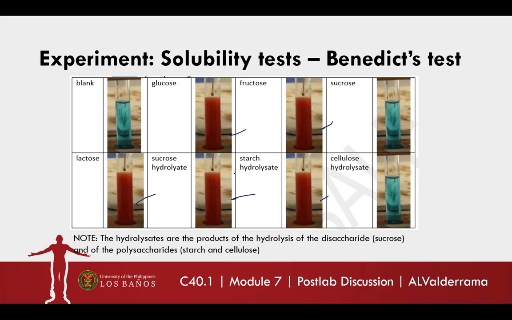So, yung hydrolysate natin is just the product of the hydrolysis of disaccharide and polysaccharide. By hydrolysis meaning kinlive natin yung sucrose natin into its monosaccharide intermediate or component. Okay?